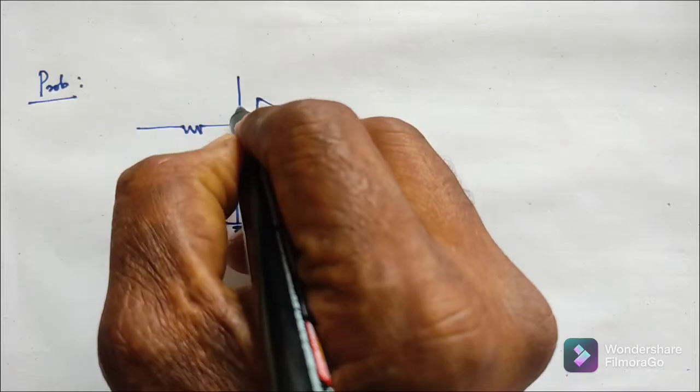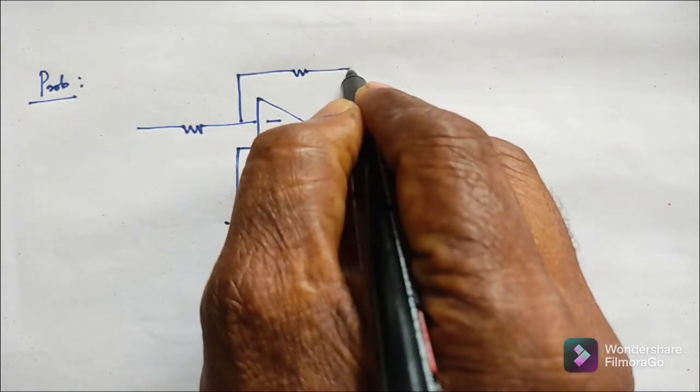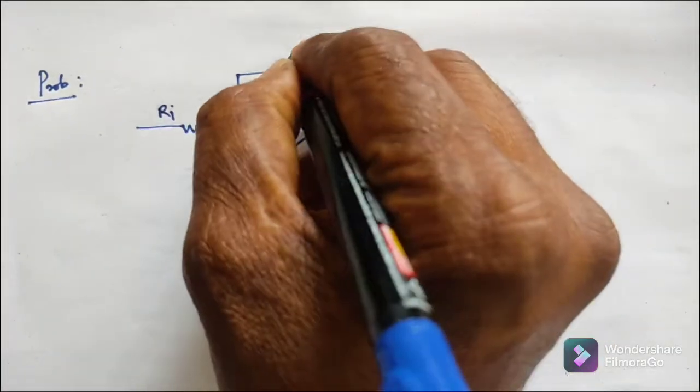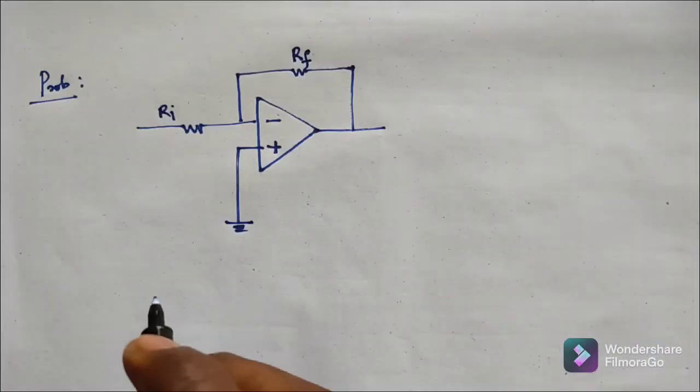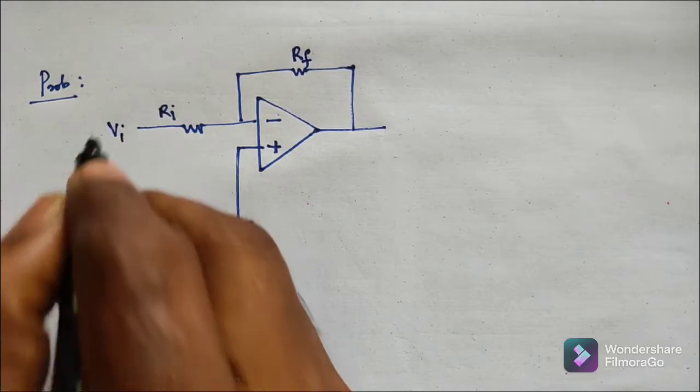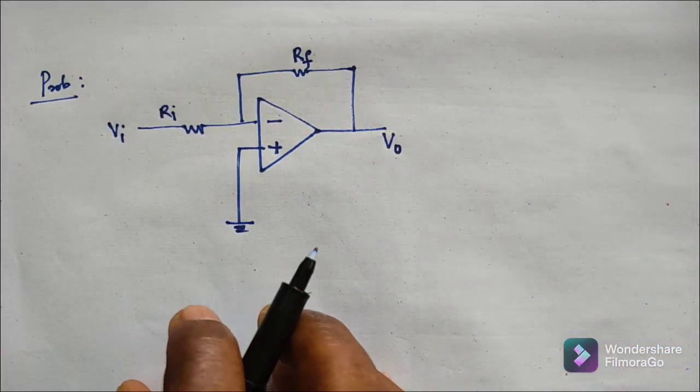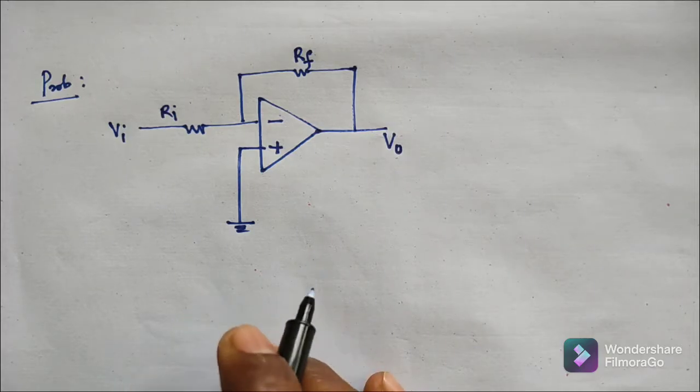Now take one feedback resistor. The input resistance is Ri, the feedback resistance is Rf. Now we apply the input value Vi, then you can calculate V0. So this is the actual operational amplifier circuit.